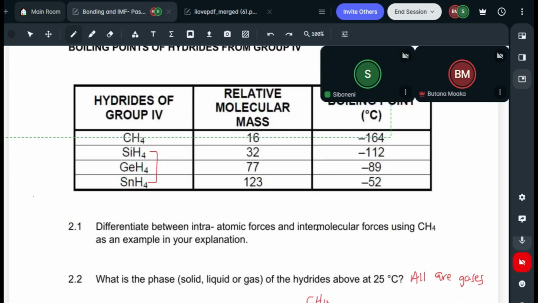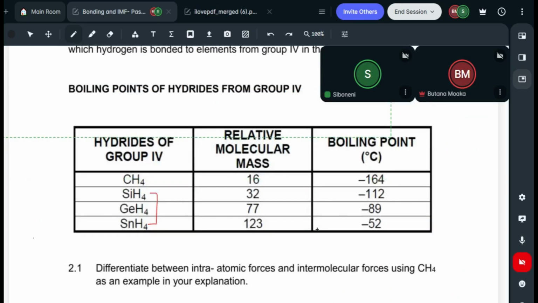What do you observe about the boiling points? They're relatively low. Let's say the boiling point increases down the group. Will you understand when I say the boiling point increases down the group? Yes. Then I'll explain why. If it's moving down the group, what can we say about the molecules?